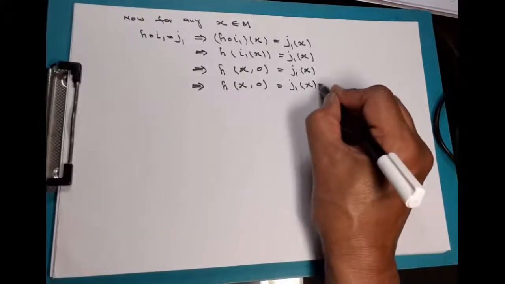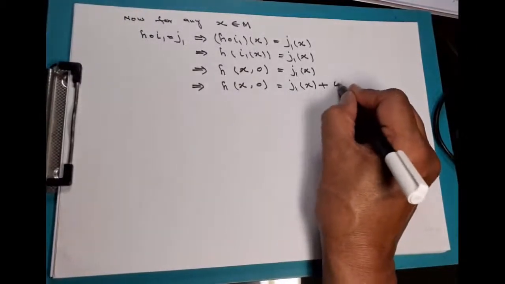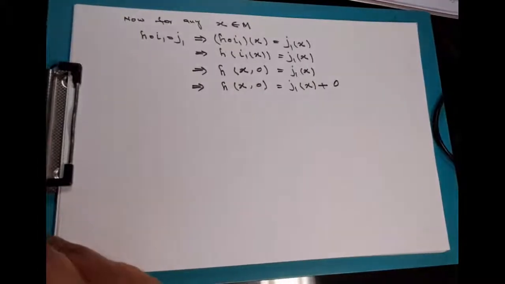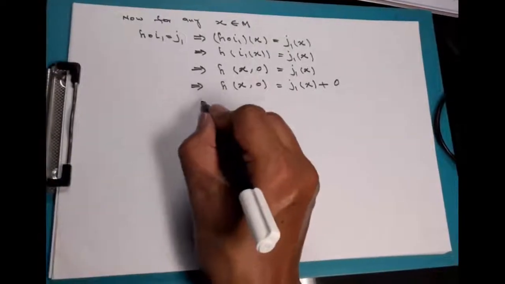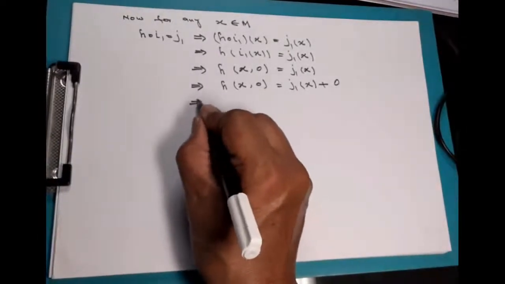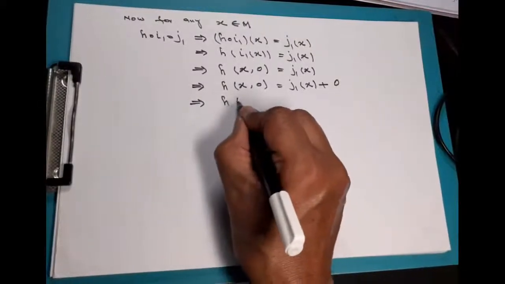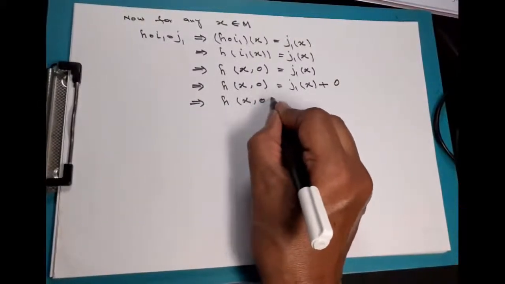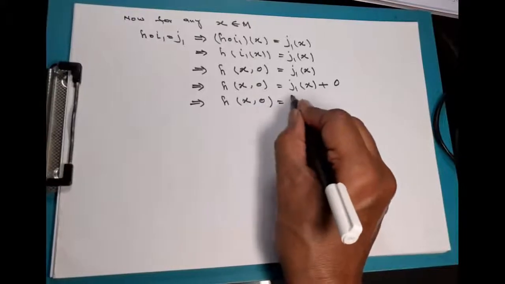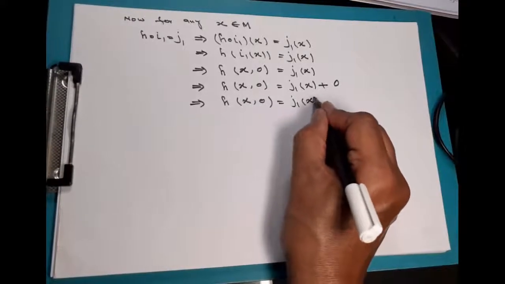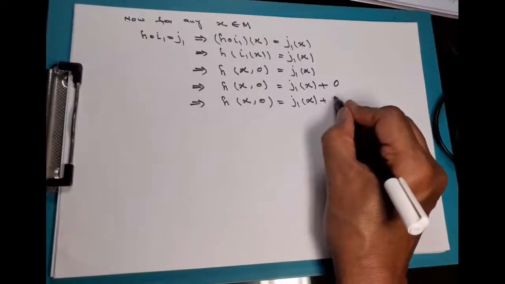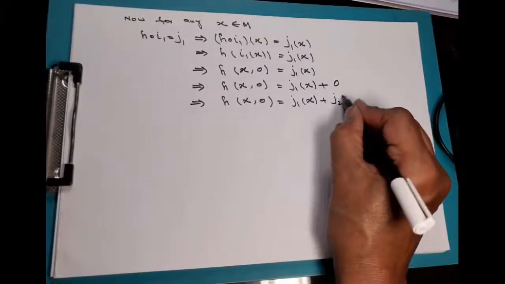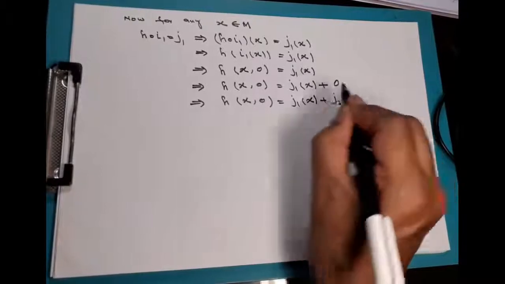Note that if we add 0 here, it will not make any difference because 0 is the additive identity in the module, and this implies that the effect of H on (x, 0) is equal to J1(x), and if you like you can write 0 as J2(0), the effect of J2 on 0.